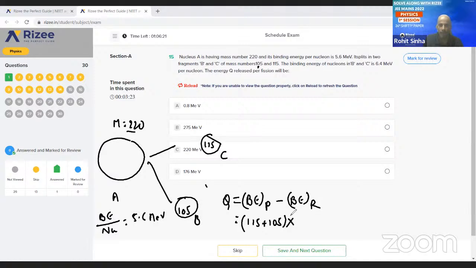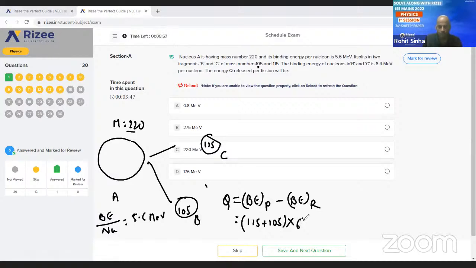So we have to multiply it with the binding energy per nucleon. For B and C, it is given as 6.4, so we will multiply here with 6.4.